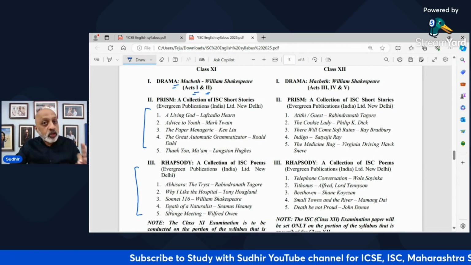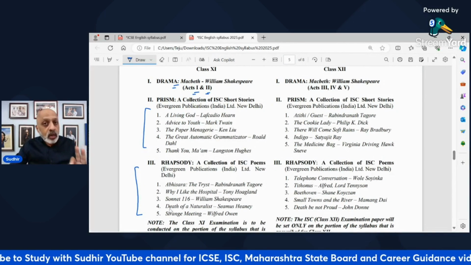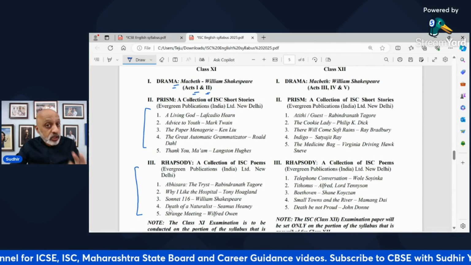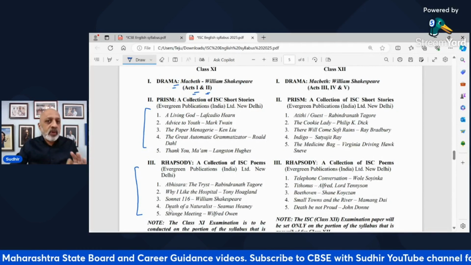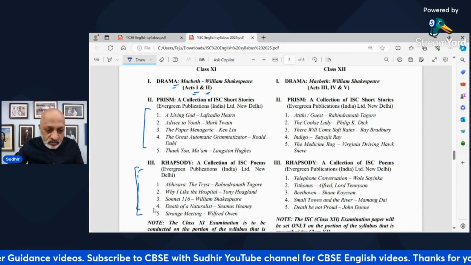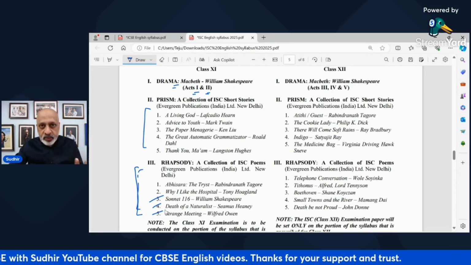Those of you who are going into ISC, ISC literature is not a cakewalk. Now, I'm not saying CBSE is easy, but ISC is complicated, especially Prism and Rhapsody, especially Rhapsody. The poems like this one, this one, this one are very complex.